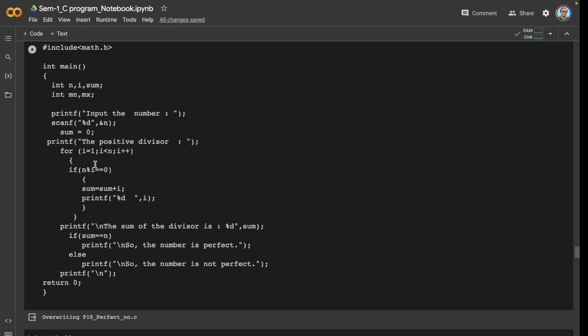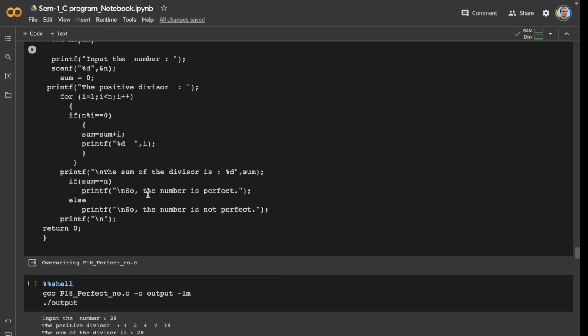Actually, the initial value of sum is 0, and if n modulo i equals 0, the remainder is 0, then i is a divisor of n. So sum equals sum plus i gives the sum of divisors. If sum equals n, then it is a perfect number. Otherwise, it is not a perfect number.